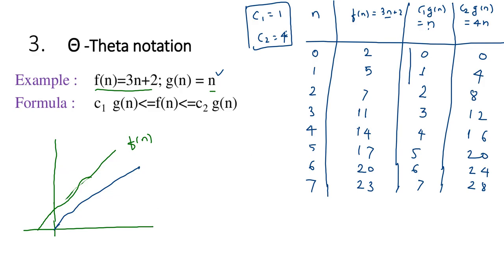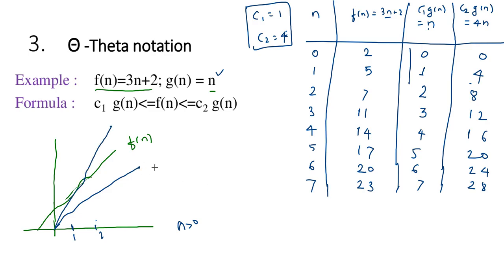We are just taking n greater than 0 and checking. For n equal to 1, c2 into g of n is lesser. So this is n equal to 1 and this is n equal to 2. For n equal to 2, it is already higher than f of n. So our intersection point is somewhere before n equal to 2.